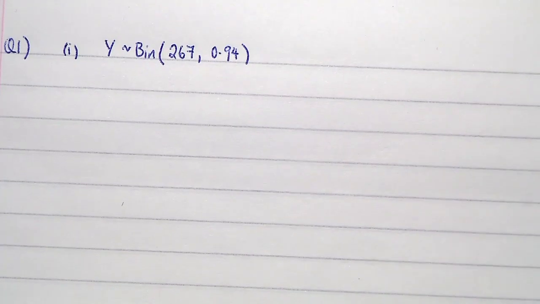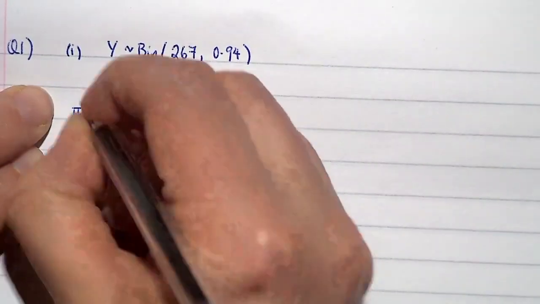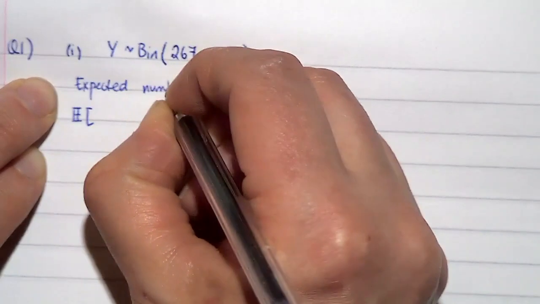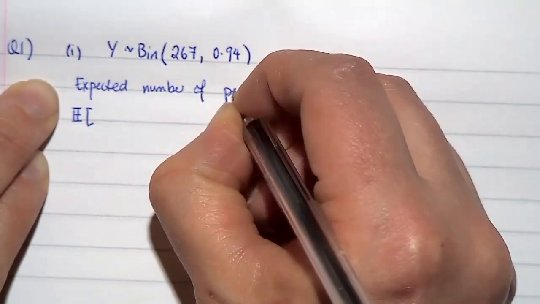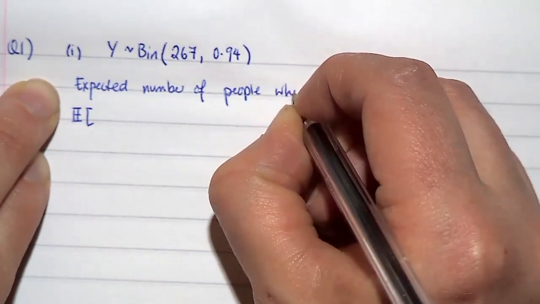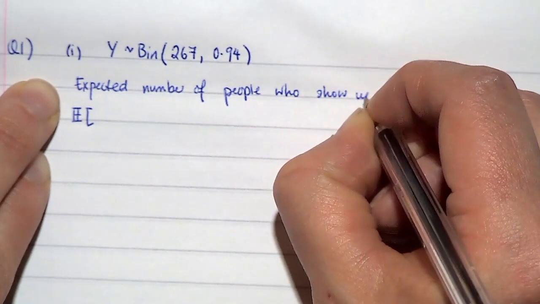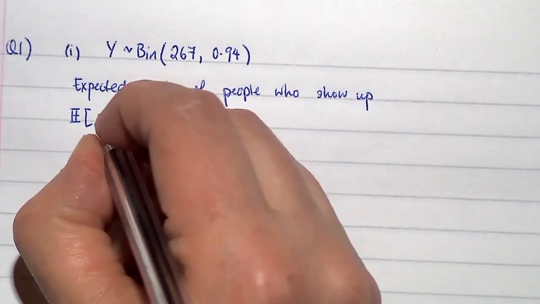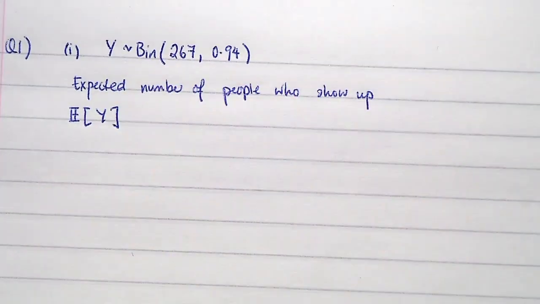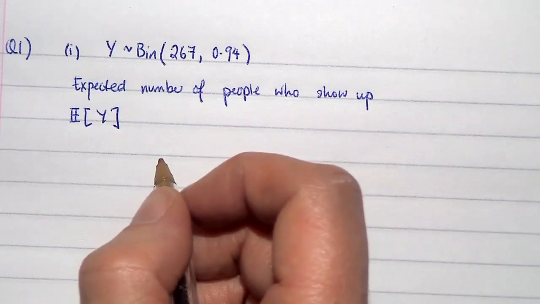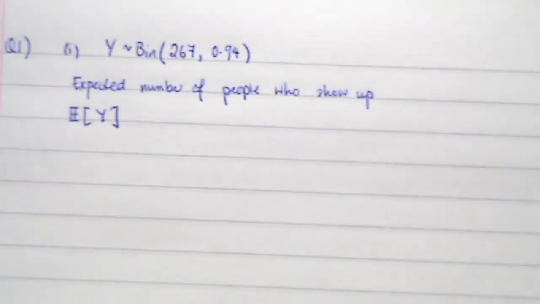So, what's the average number of people who turn up for this flight? I need to use the properties of the binomial distribution I know. So the expected number of people who show up is the expectation of Y. And from the properties of the binomial distribution, I know that this is n times p, the 2 parameters.